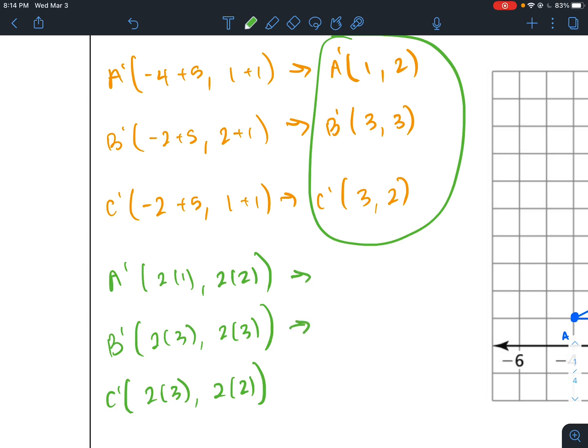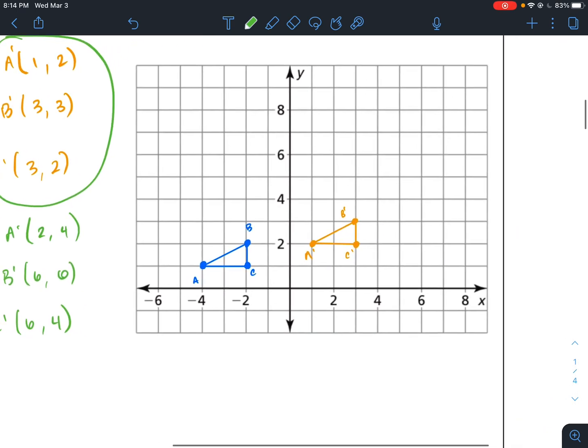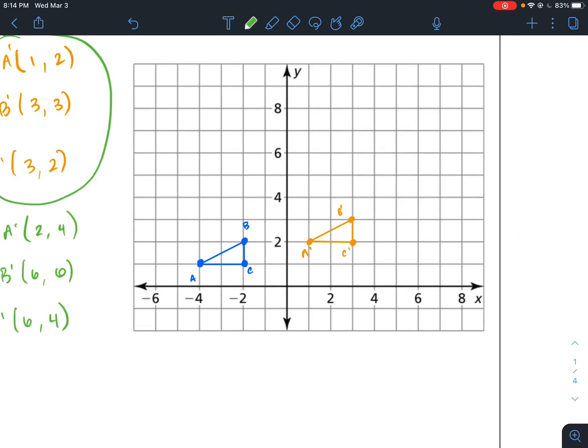So now A prime, B prime, and C prime will be 2 comma 4, 6 comma 6, and 6 comma 4.